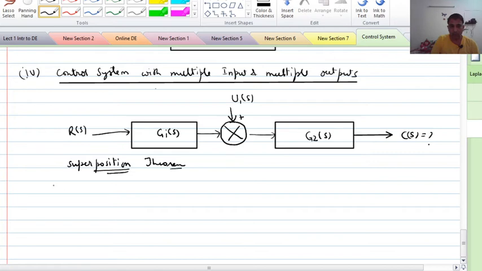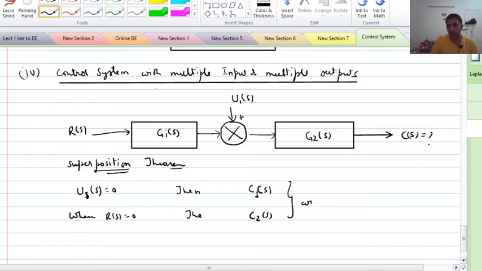So when U1s is equal to 0, output C1s will be there. When Rs is equal to 0, C2s will be the output. These two are the outputs.